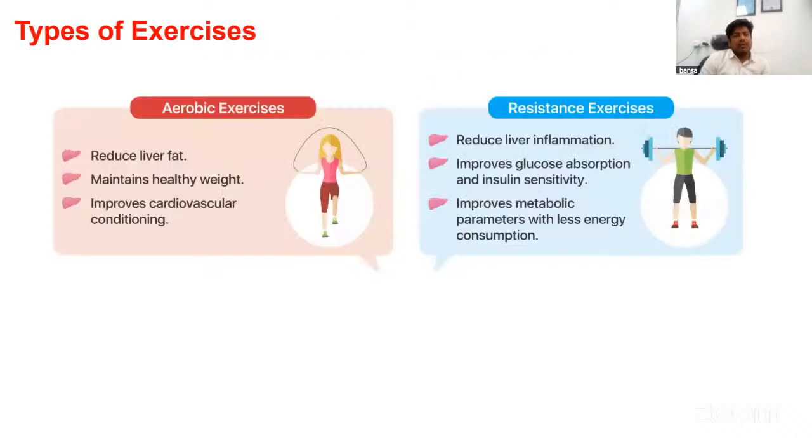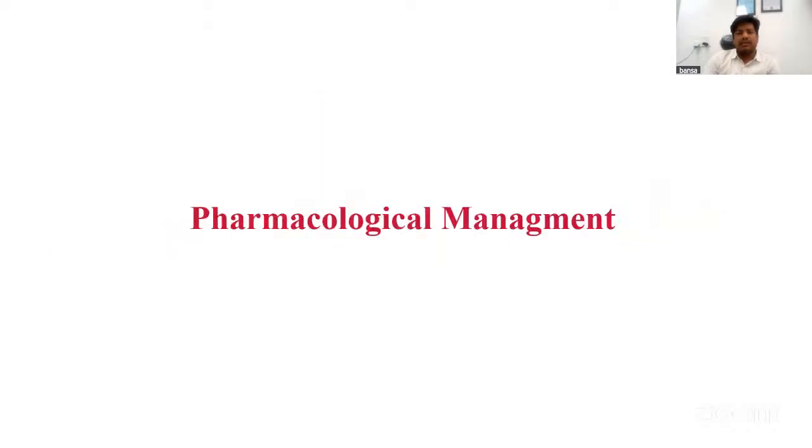So two types of exercise, aerobic and resistance. Aerobic exercise reduces fat, maintains healthy weight, and improves cardiovascular condition. Resistance exercise reduces liver inflammation, improves glucose absorption, insulin sensitivity, and improves metabolic parameters with less energy consumption.